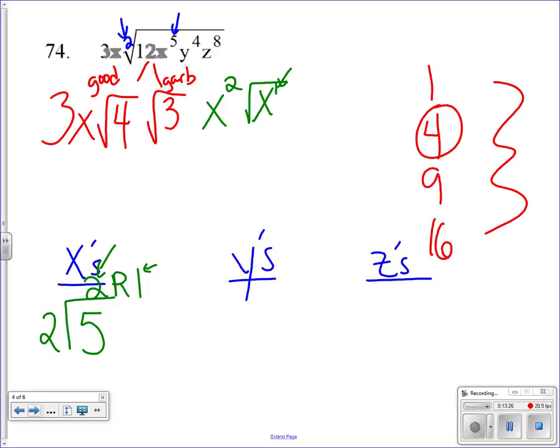For the y's and z's, they behave exactly the same way. So we're going to see that again right now. Really fast, that exponent for y is 4. We are dividing it by our index, 2. Well, how many times does 2 go into 4? It goes in evenly twice.